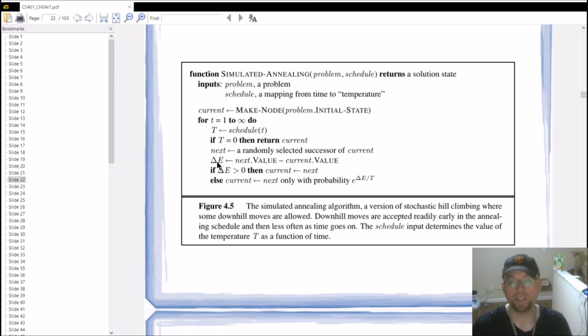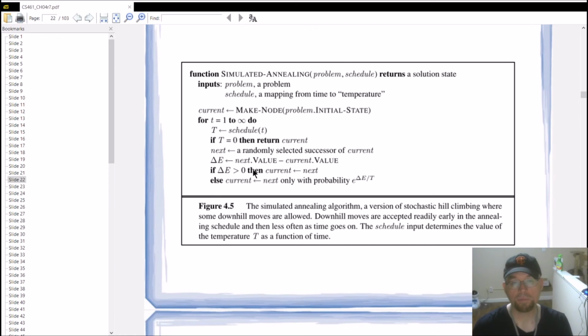Delta E is that randomly selected node's value minus the current node's value. So for one of my randomly selected successors, I take the successor's value and I subtract my value. If that difference is greater than zero, then that randomly chosen successor node becomes the current node, and we do it again.